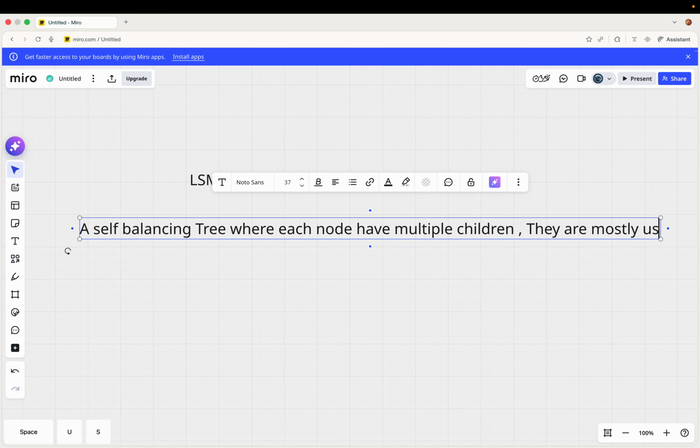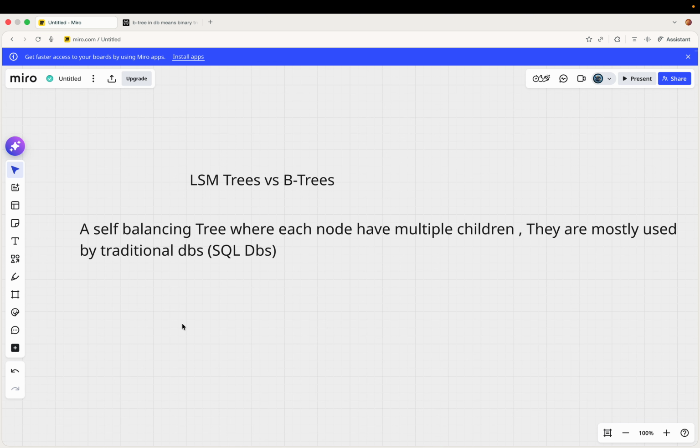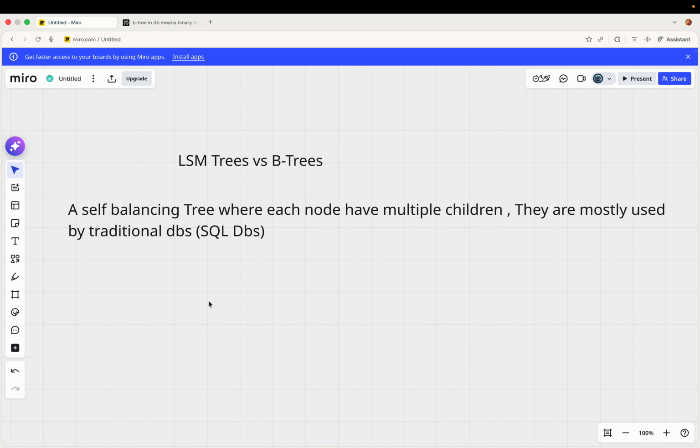Mostly used by traditional DBs, mostly SQL DBs. So B trees are that.